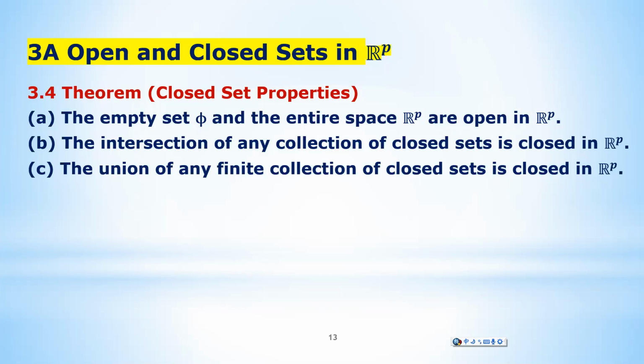The same reason applies to R^p. R^p was previously defined to be open, but it is also closed because the complement of R^p is the empty set, which is defined to be open. So the empty set and R^p are two special sets. They are both open and closed. Besides that, no other set carries the same property.